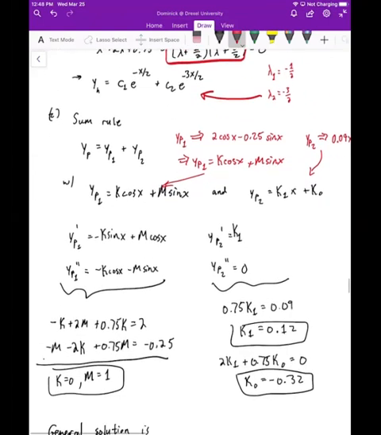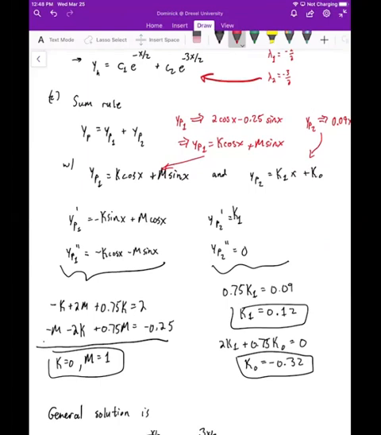So now deriving each one of these sets of derivatives and plugging in, we're going to essentially conclude that in the sine and cosine ODE, we're going to get that k has to be 0 and m has to be 1. And in the other equation, we're going to get that k1 has to be 0.12 and k0 has to be negative 0.32.